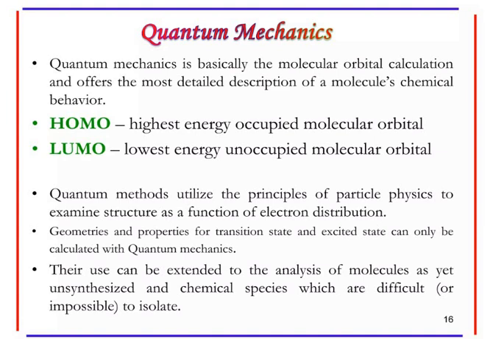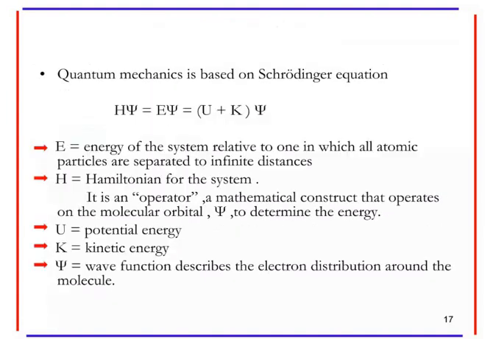Geometries and properties for transition states and excited states can only be calculated with quantum mechanics. Their use can also be extended to the analysis of molecules as yet unsynthesized and chemical species which are difficult or impossible to isolate.